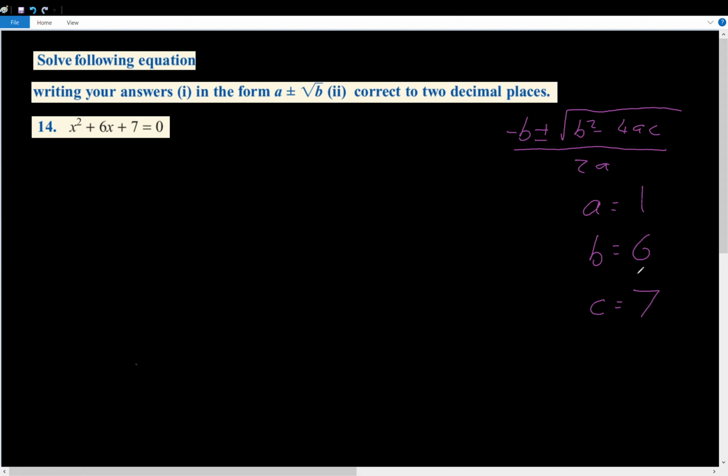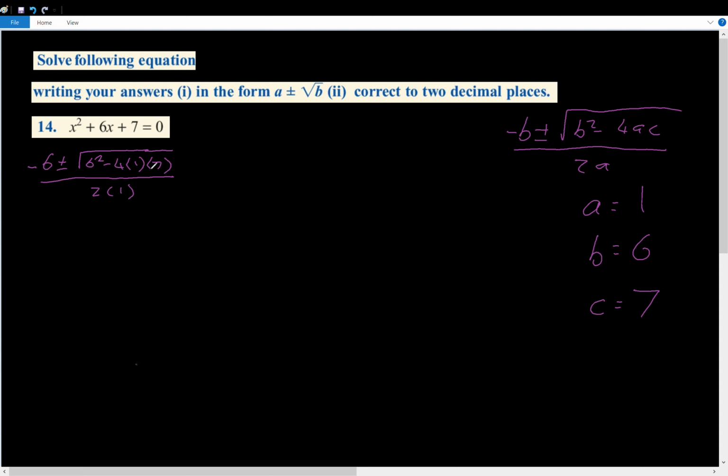So now what we've got to do is substitute all these values into our formula. So we're going to get minus 6 plus or minus the square root of 6 squared minus 4 times a times c, and that's all going to be over 2 times a.